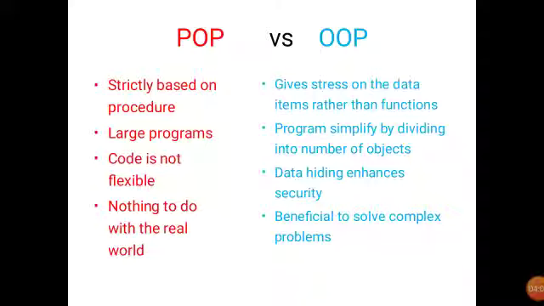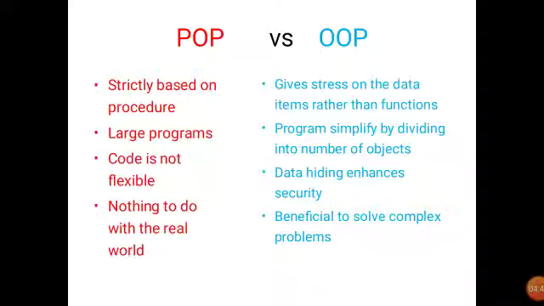Programs in procedure oriented are very large, whereas in object oriented the stress is given on the data items rather than the functions or the procedure. And programs simplify by dividing into number of objects so that it helps to update and handle easily.